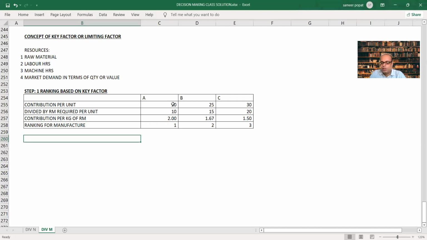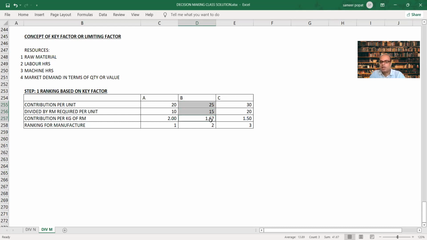To earn a contribution of 20 rupees from product A, we need to use 10 kg of raw material. So if 10 kg gives 20 rupees of contribution, that means per kg we are earning a contribution of rupees 2. Here the problem area is raw material kgs. So per kg we are earning 2 rupees of contribution by manufacturing product A. Similarly, to earn 25 rupees of contribution from product B, we need to use 15 kg of material.